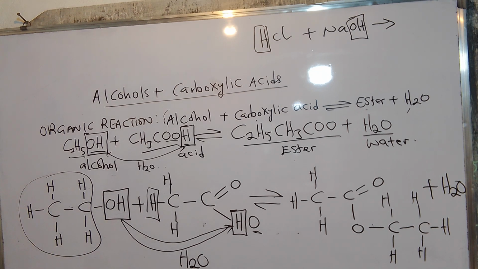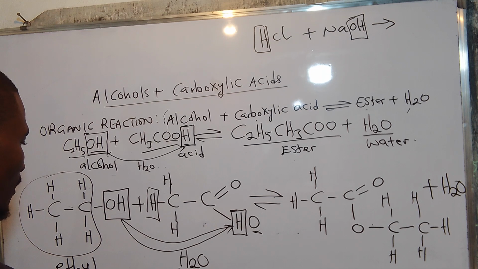So what normally happens is that this ethanol is going to be called an ethyl. So it's going to give us an ethyl group, and then this one is going to give us an ethanoate.